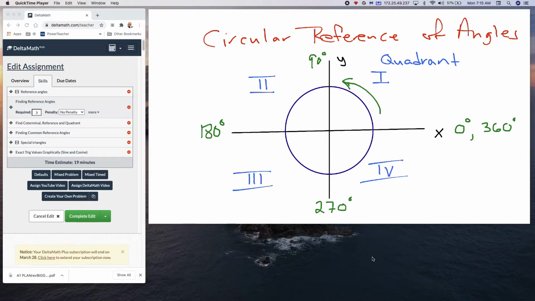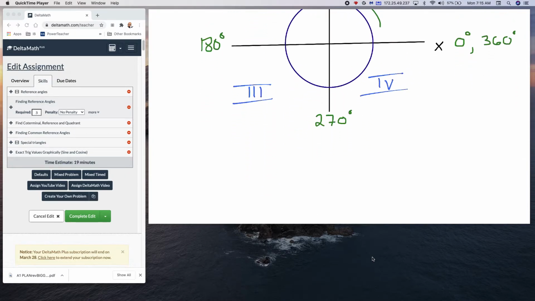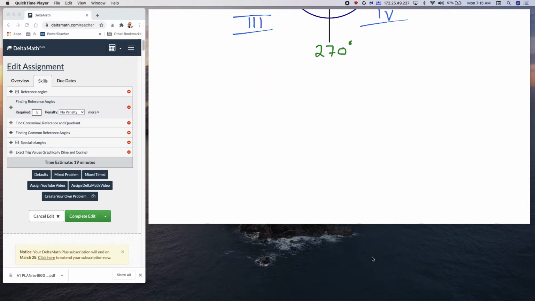So when we're talking about the reference angle, I'm going to define it in a really specific way, and if you don't think about it in this specific way, you're going to have really good intentions and just mess things up. Here's what a reference angle is.